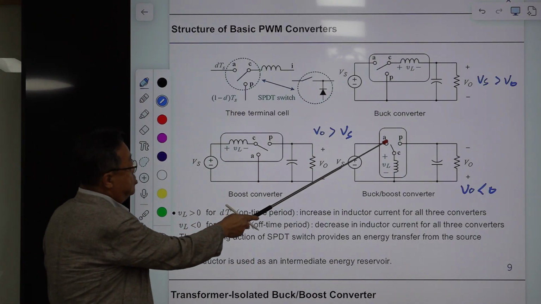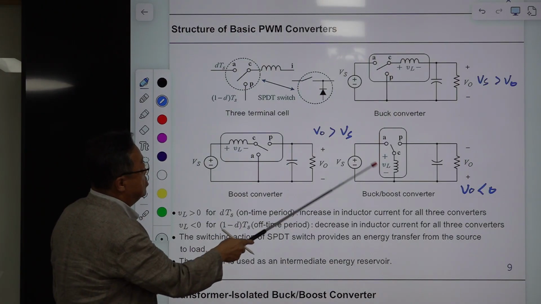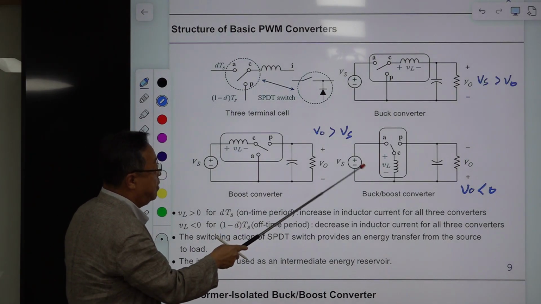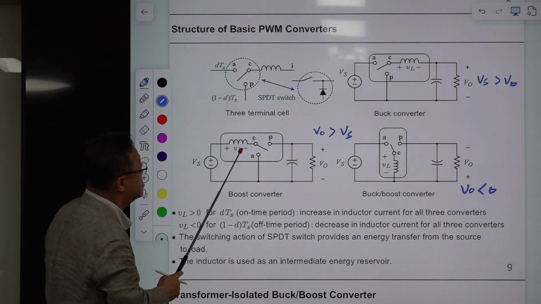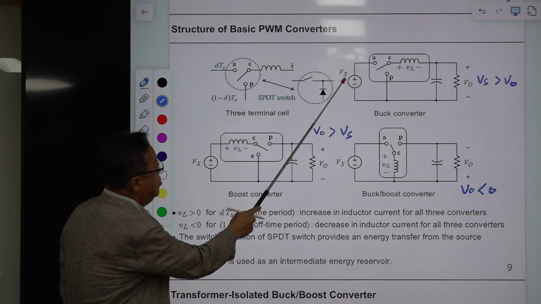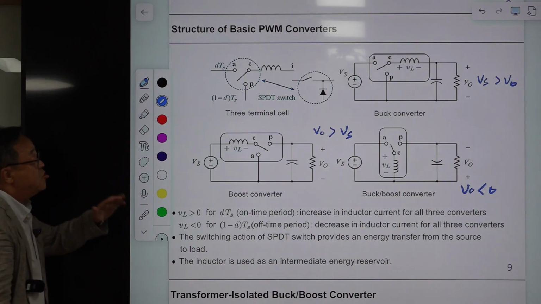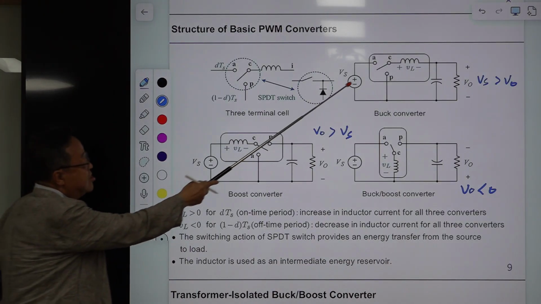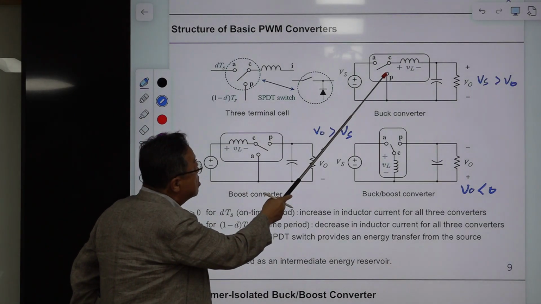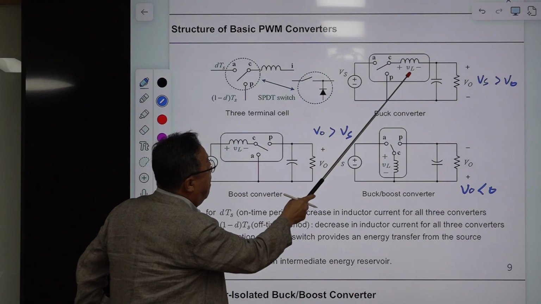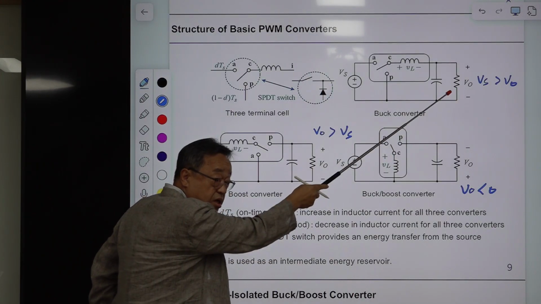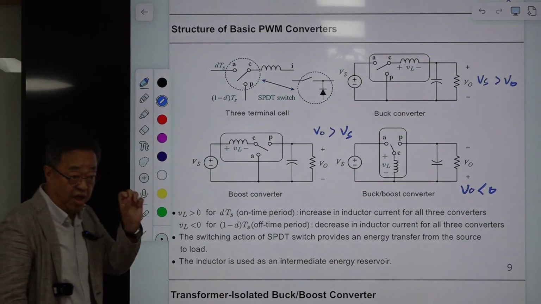When the switch is connected to the passive switch here, VL becomes negative.